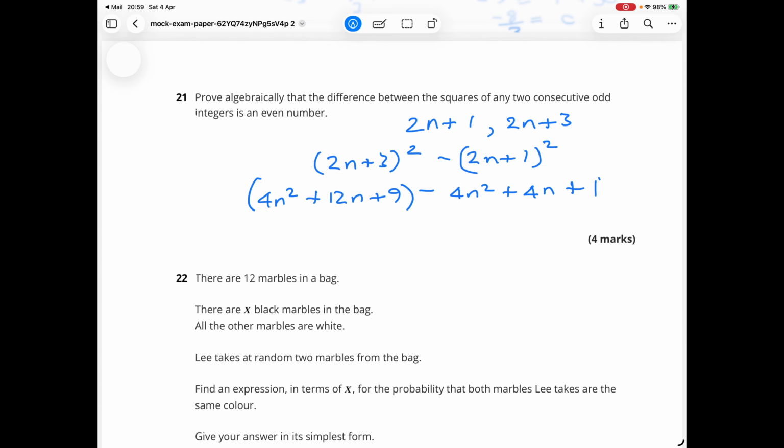Yeah, that makes sense. So that equals, getting rid of the 4n squared, 8n plus 8. And if we want to be technical about it, that's 8 times n plus 1. So we've got a factor of 2 on the outside, so always even. Okay, that was fun.